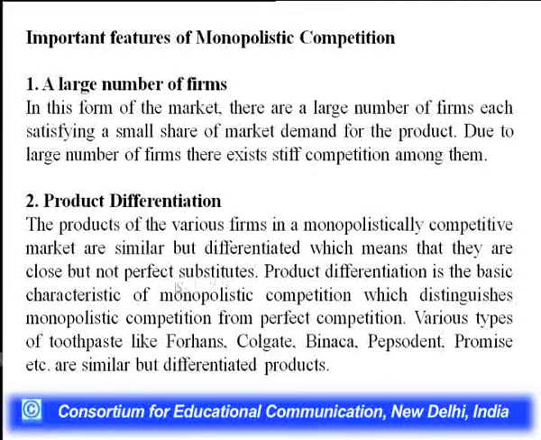Product differentiation is the basic characteristic of monopolistic competition, which distinguishes monopolistic competition from perfect competition. Various types of toothpaste like Forhan's, Colgate, Binaca, Pepsodent, Promise, etc. are similar but differentiated products.